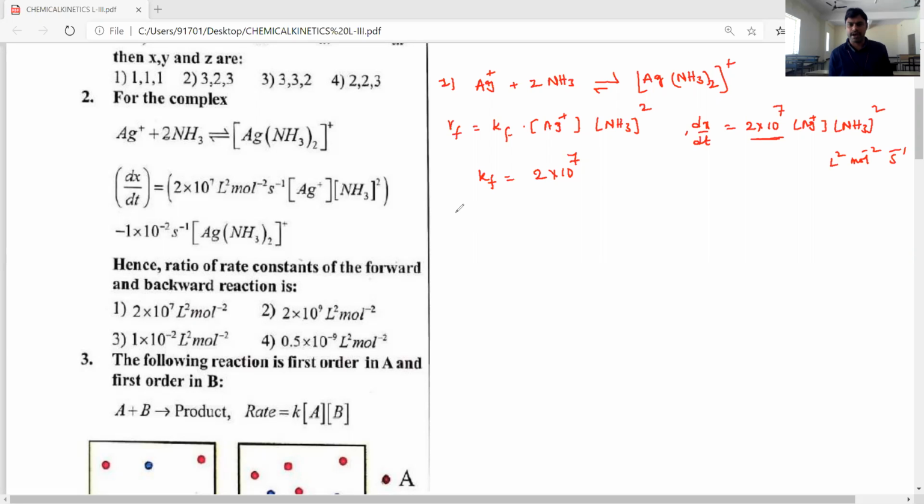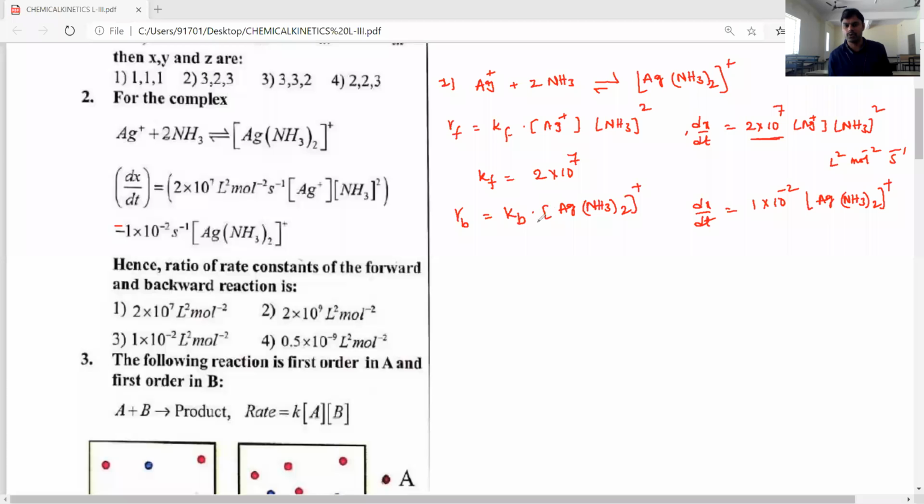In the same way, the backward reaction rate, RB, is equal to Kb into the concentration of Ag(NH3)2+. Here dx by dt is equal to, but not negative, 1 into 10 to the power of minus 2 into the concentration of Ag(NH3)2+.